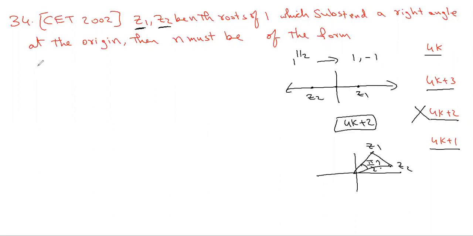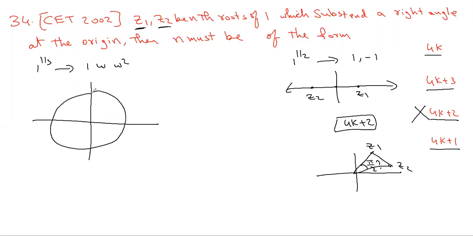Next, the cube roots of unity are 1, omega and omega square. Where are they on the unit circle? Omega is cis 2 pi by 3.